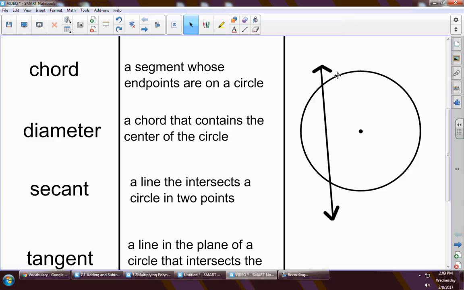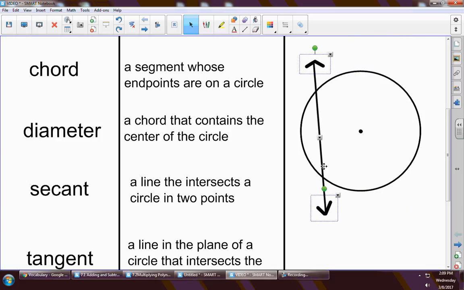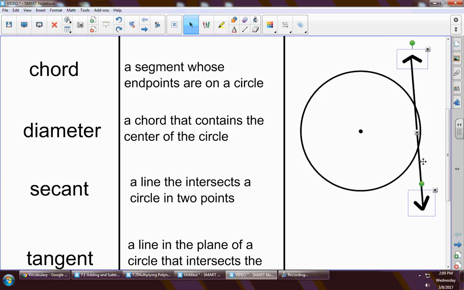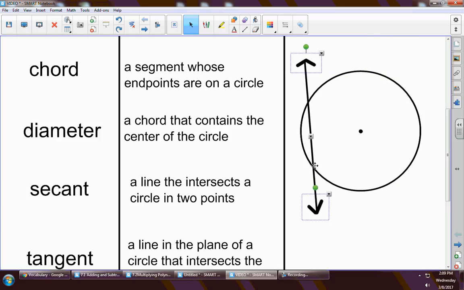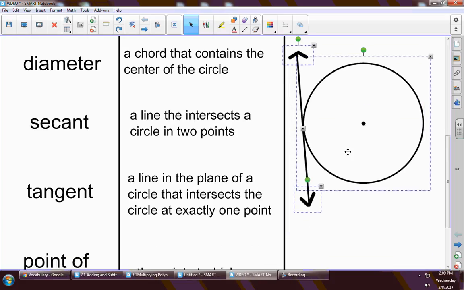So you can adjust it anywhere as long as it intersects a circle in 2 different points. And as soon as the secant is only intersecting the circle at one point, it becomes a tangent.